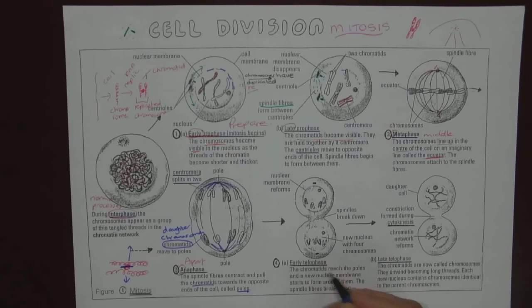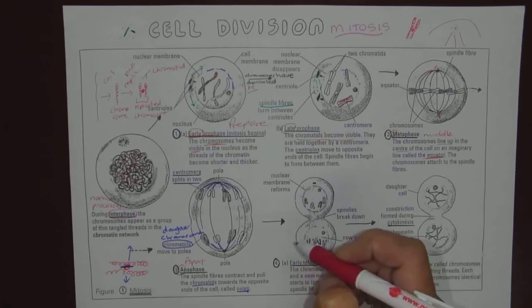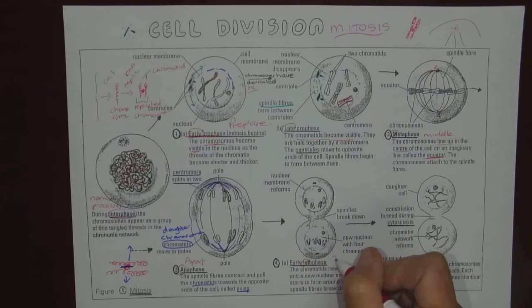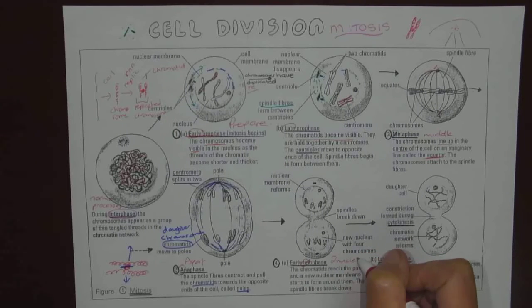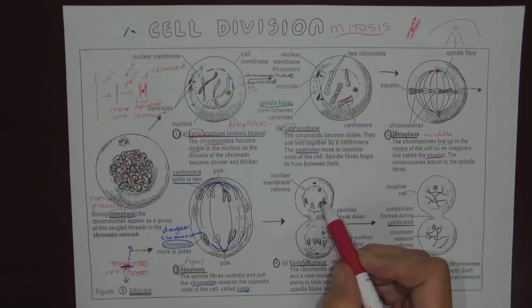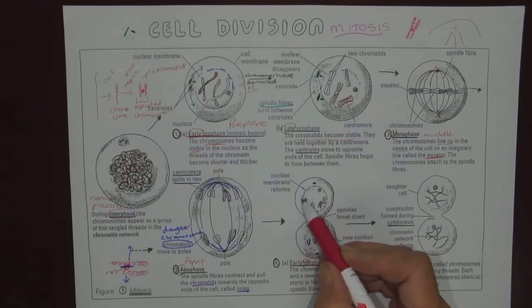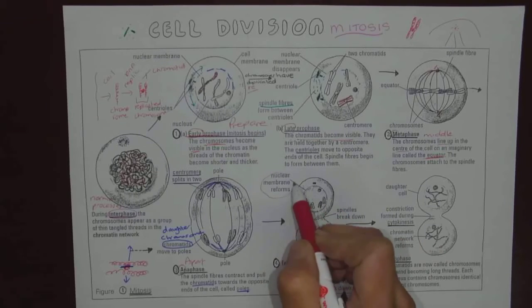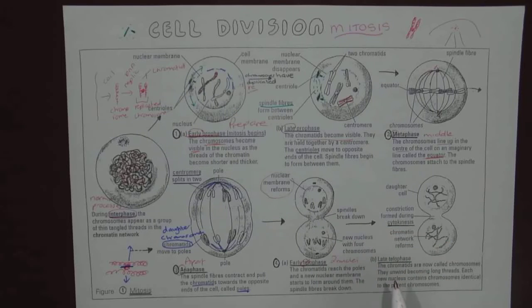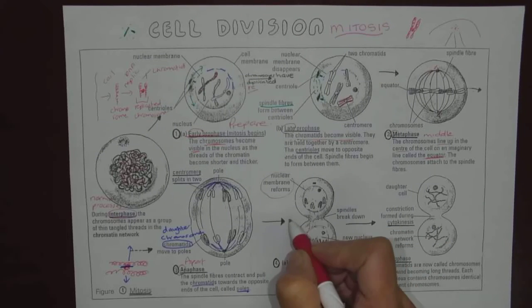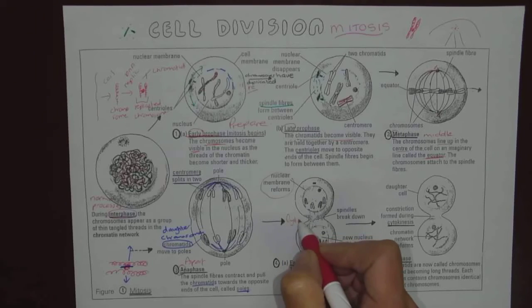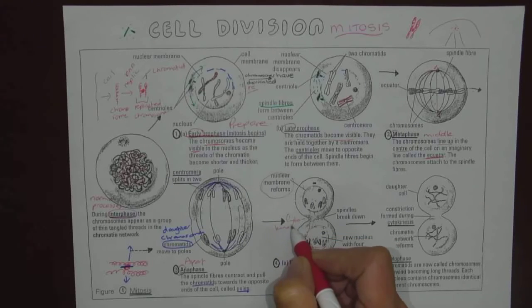Then we get to telophase. Telophase, remember, two nuclei are formed. The chromosomes have collected, a nuclear membrane has reformed around them, and the nucleolus is reformed. So now we have two nuclei, and you can see here that even cytokinesis has started.